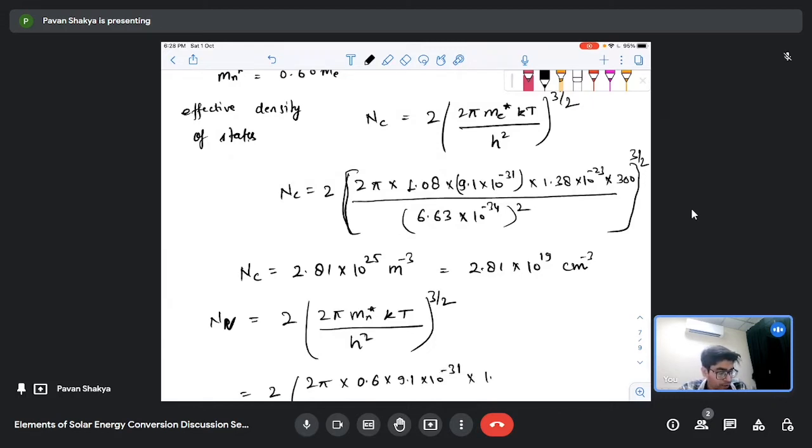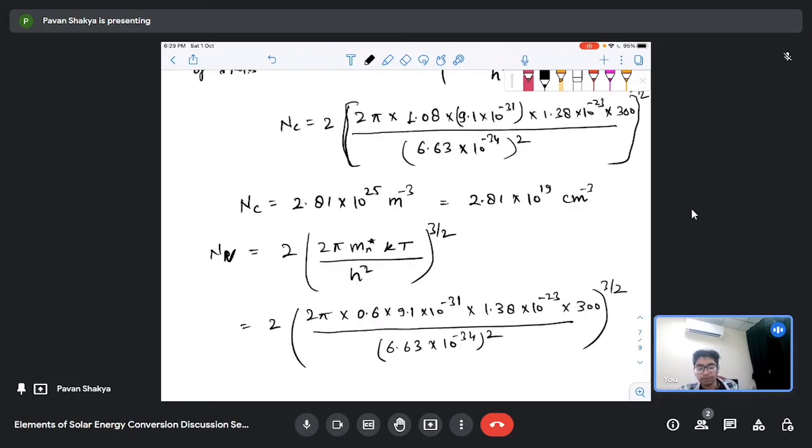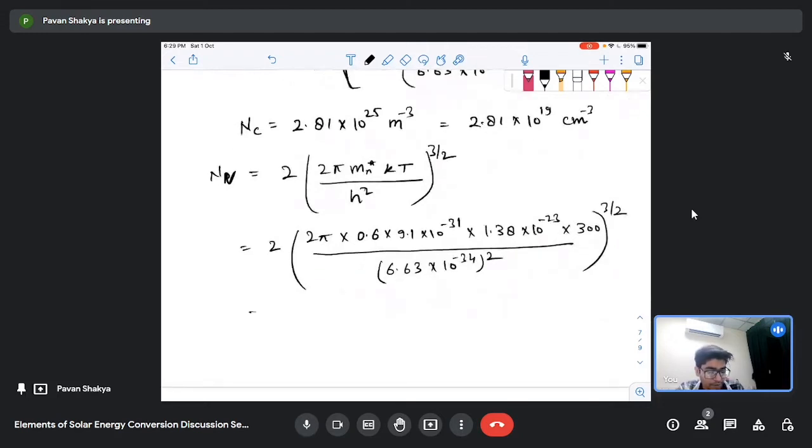After that, the value for k is 1.38 × 10^-23 joule per Kelvin, multiplied by the temperature, that is 300, and it will be divided by h square, that is 6.63 × 10^-34 the whole squared, and the whole term will be powered by 3 by 2. So when you solve this, you will find that this value comes out to be 1.16 × 10^25 per meter cube.